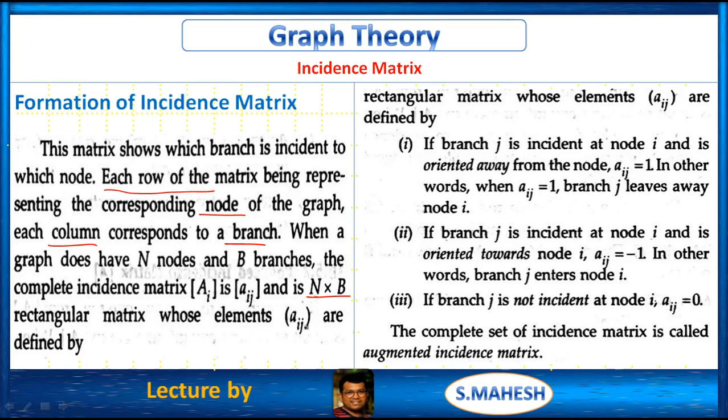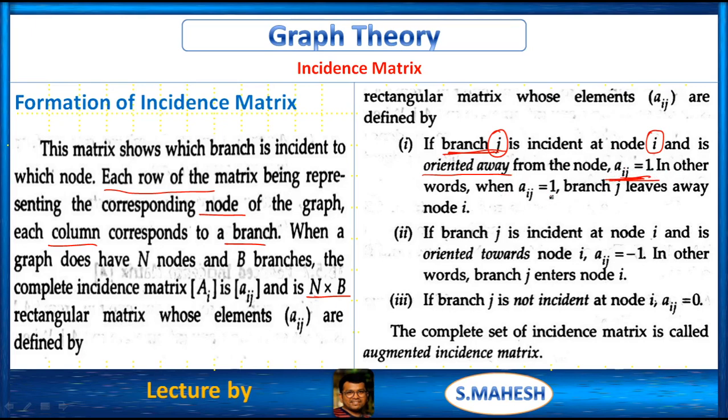These Aij are defined as follows. Let us say the branch is represented by j and the node by i. If branch j is incident at node i and is oriented away from the node, we take it as a positive value: Aij equals 1.